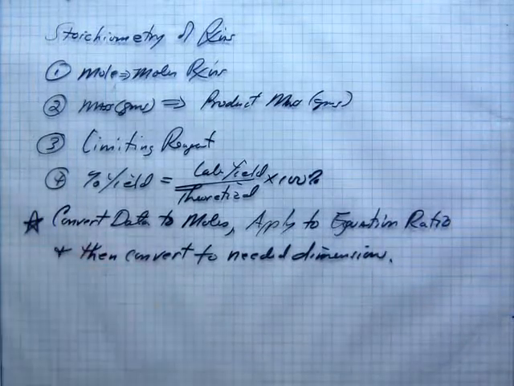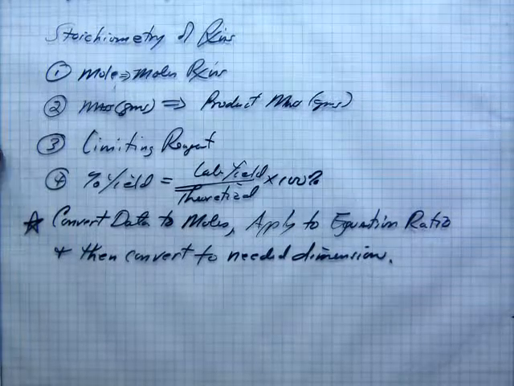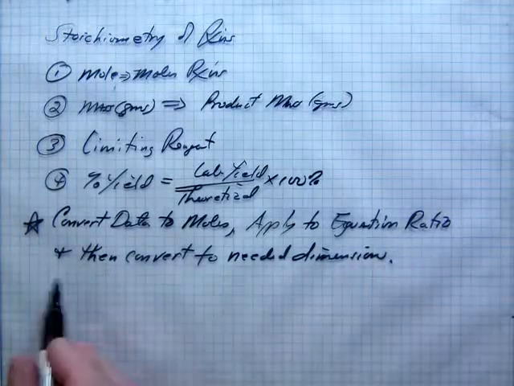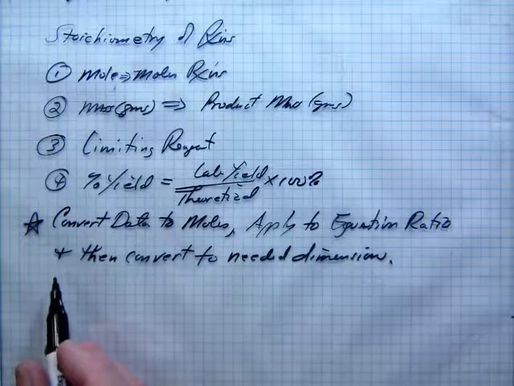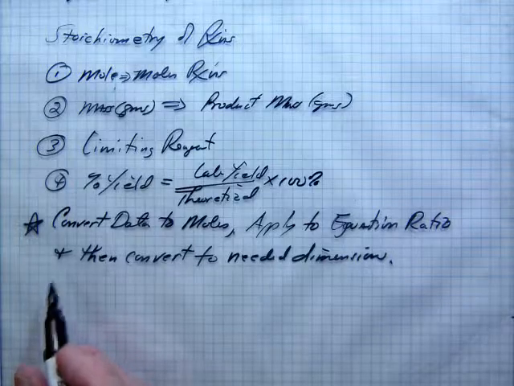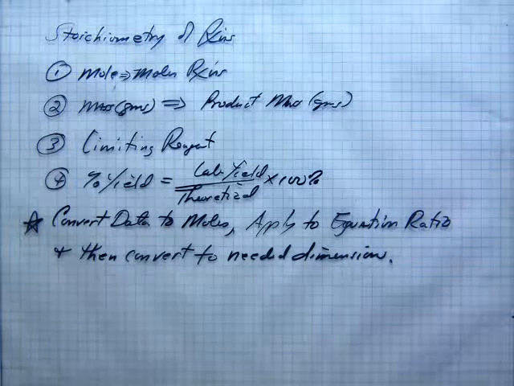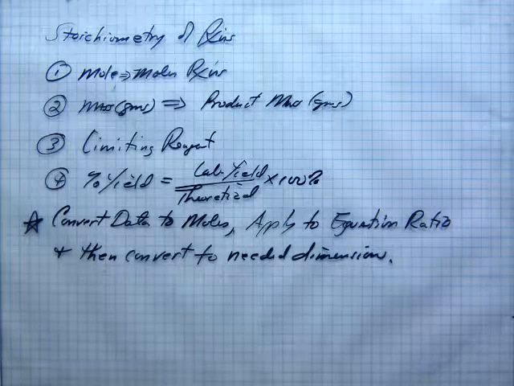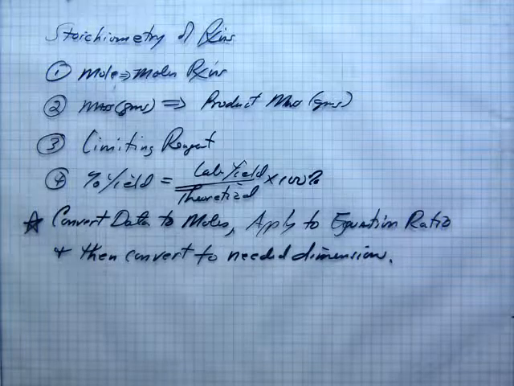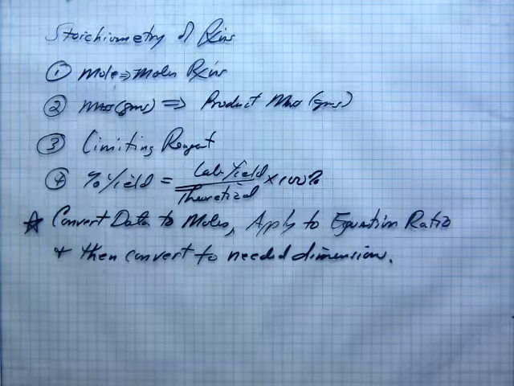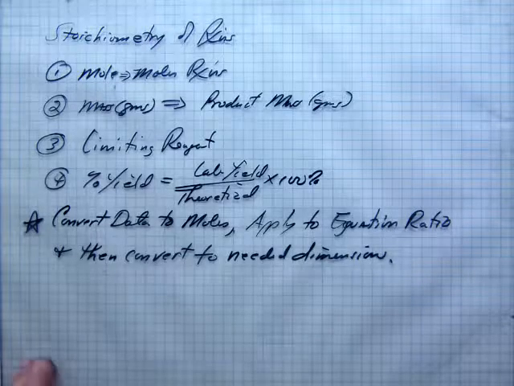So, in all of what we've done so far, this has been the underlying objective and theme of me teaching you how to deal with this. Why? Because moles is the easiest way to go. Moles is the direct ratios in the balanced equation. And you can set up a very simple proportionality equation and solve for the unknowns very, very quickly.